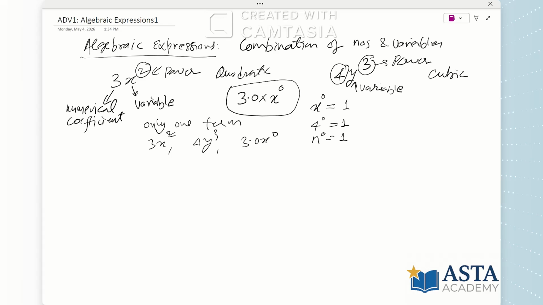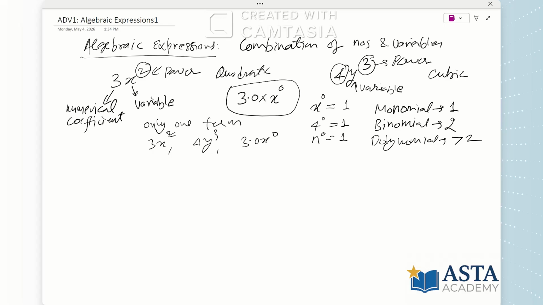So these are expressions which have only one term. This type of expression is called a monomial. Monomial means one term. If you have two terms, it's called a binomial, and a polynomial will have more than two terms.